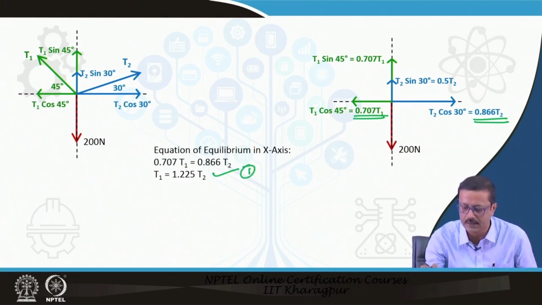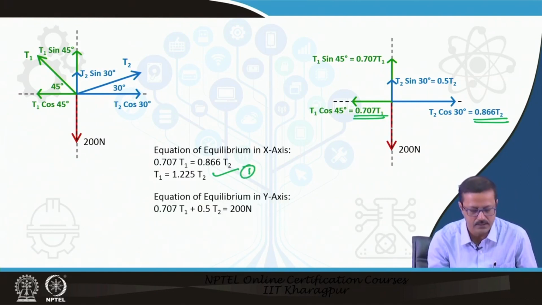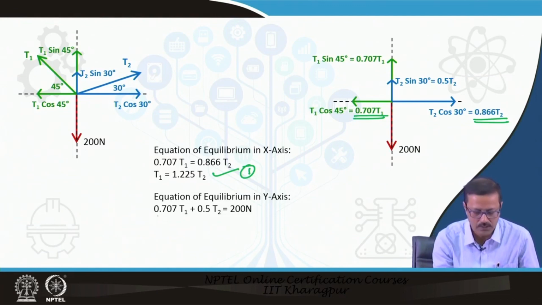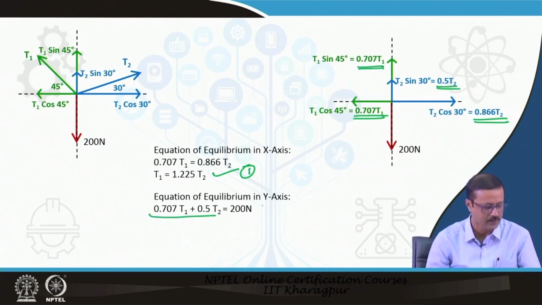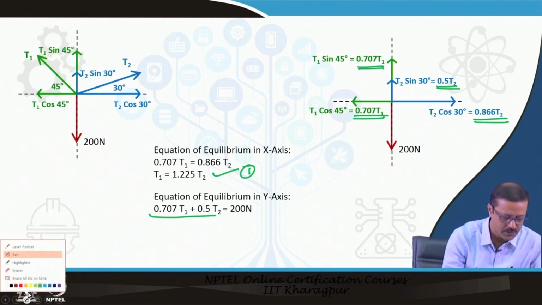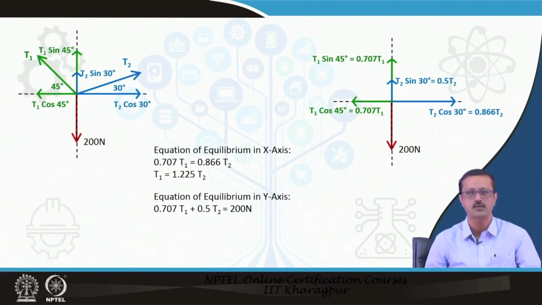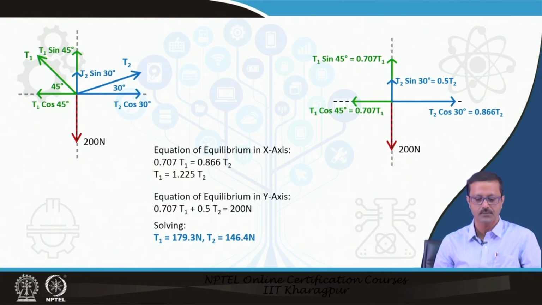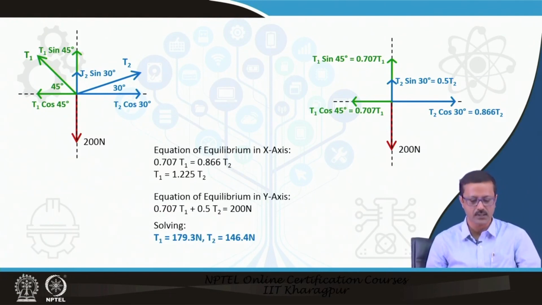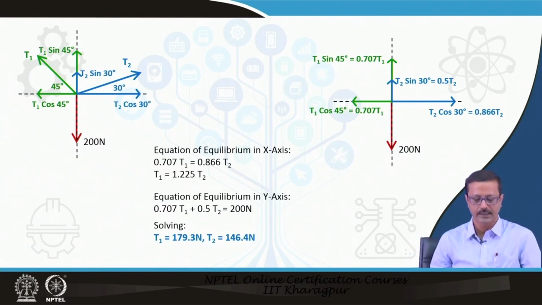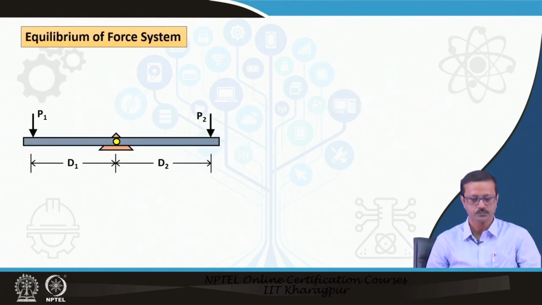Similarly, for the y axis, the equation of equilibrium says the sum must be equal to 0, so this plus this must be equal to 200. From these two equations, and with two unknowns T1 and T2, I can solve them by virtue of linear equations and find out the tensions T1 and T2.